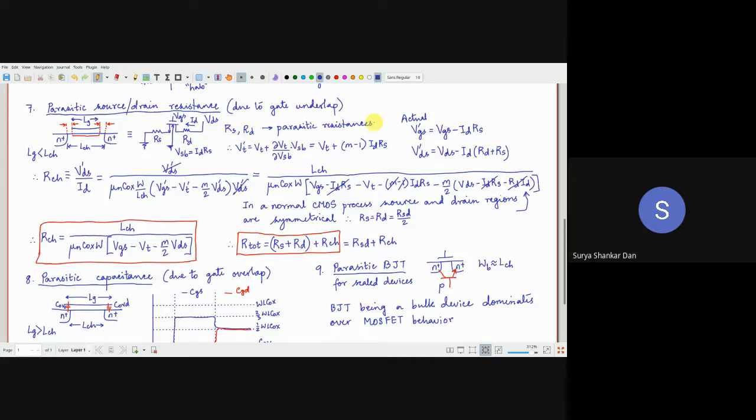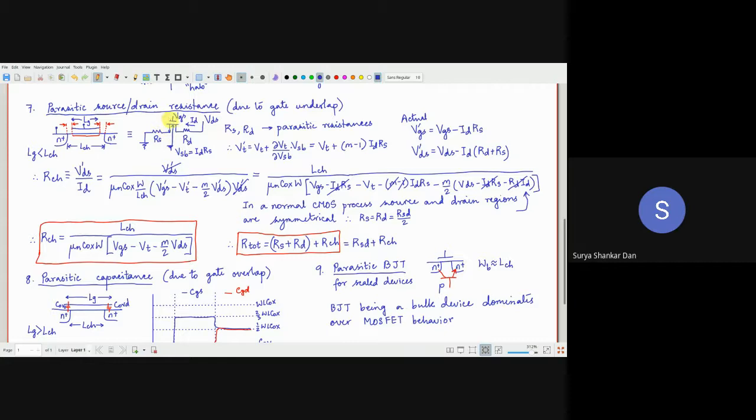Now let us look into the significance of it. The first thing is, what is the new value of VGS? Remember, what you are applying are the terminal voltages, so that means here and here. That will include the drop across this RS.